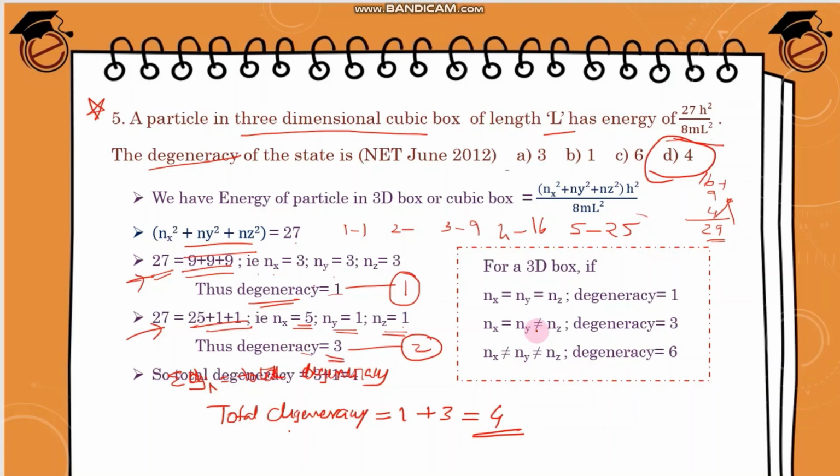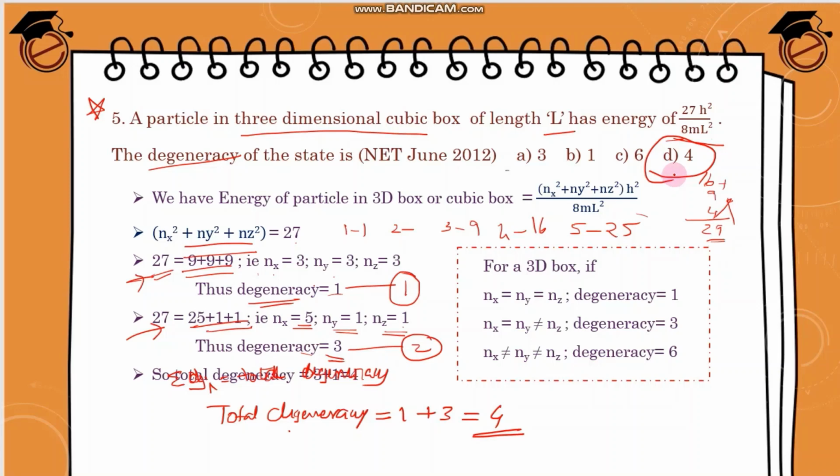Hope you understood this video, and the degeneracy question is very simple. First we have to find out the general equation, and then split the value corresponding to nx, ny and nz values. If there is more than one degeneracy, just add them to get the total degeneracy. And always remember these values. These are very important.